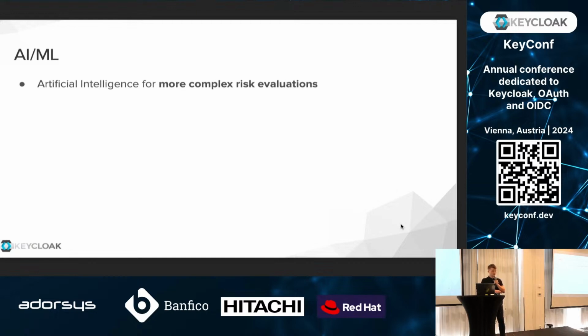Like, is this riskier than the other one? We don't know, right? We can leverage AI to evaluate more contextual data, like historical data of login events, much more than we would be able to do.